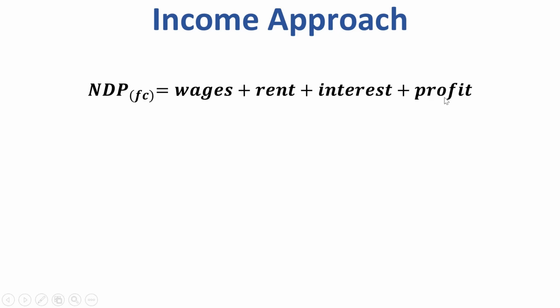Although in real life there could be other terms, let's start with the simplest concept, assuming that the factor incomes are of these four forms.